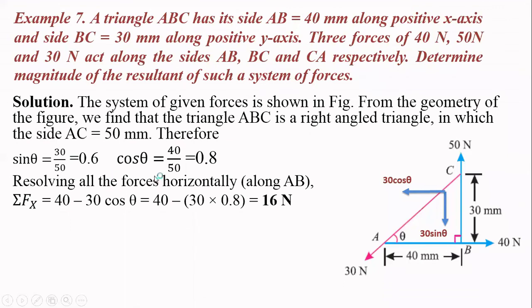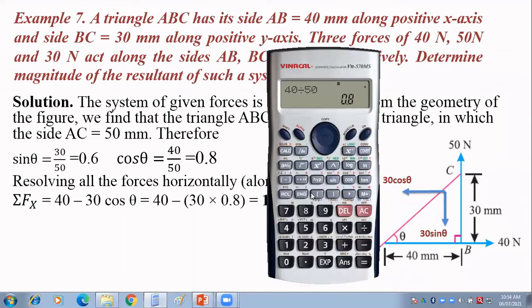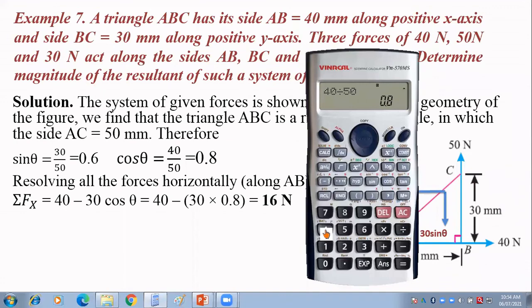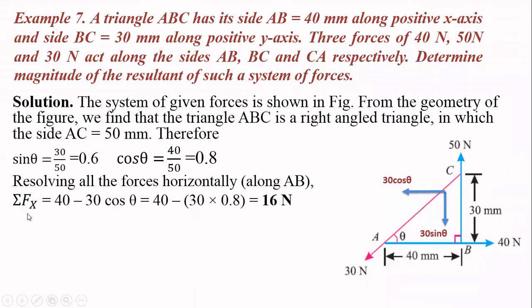And cos theta is how much? Already we have calculated 0.8. Now put the value and simplify: 40 minus 30 into 0.8, 16. It means summation Fx is 16 Newton.